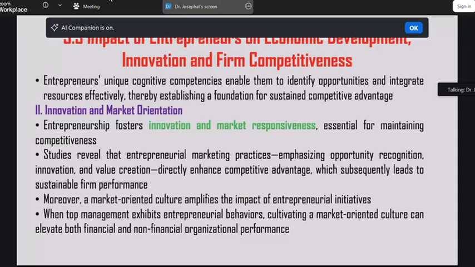So always wanaweza cultivate what we talk about as market-oriented culture. That means the organizations or firms always revolve around satisfying customer needs and wants first. And this always elevates both financial and non-financial performance of the firms towards that competitive advantage that the firms possess.